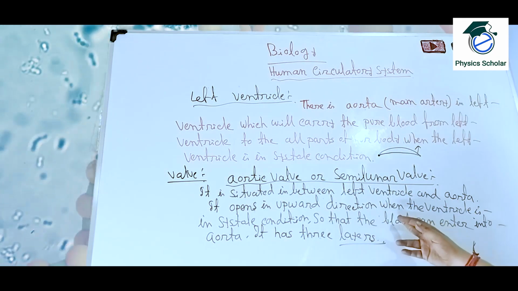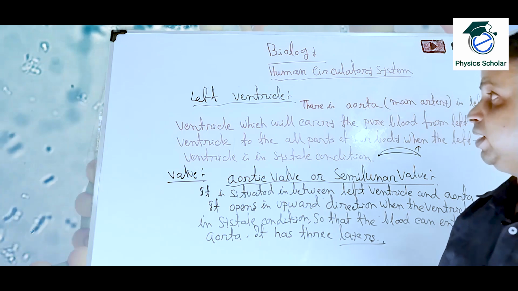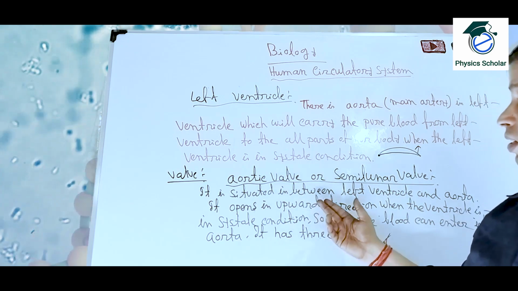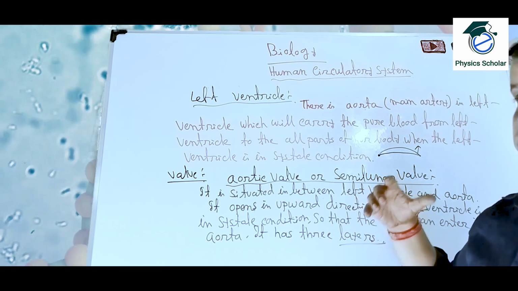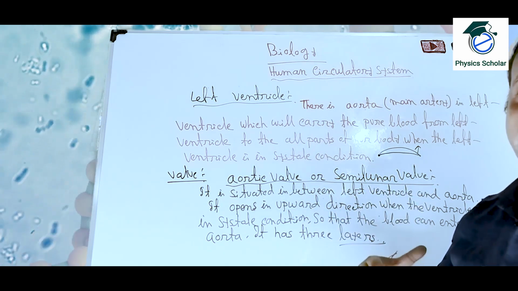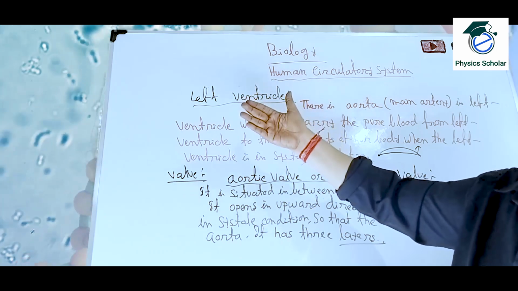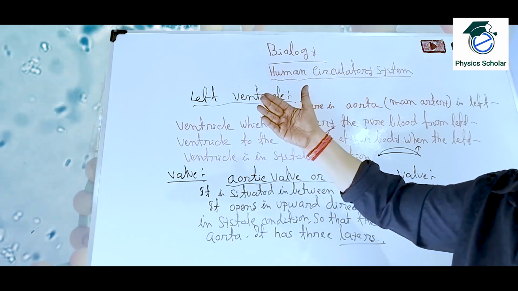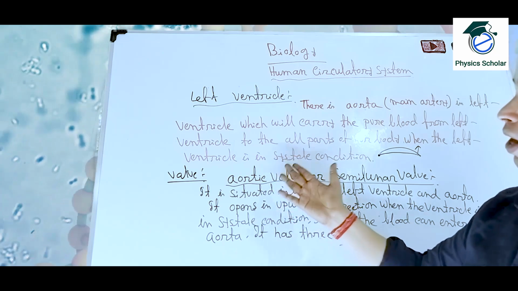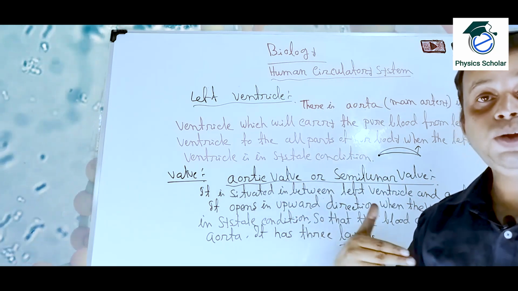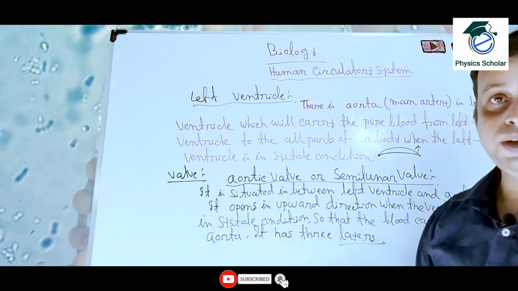It is situated between the left ventricle and the aorta or the main arteries, where the pure blood can enter the aorta so that it can reach each and every part of our body, but cannot fall down again in the reverse direction. That means this valve also helps to maintain the unidirectional flow of blood. So this is the function of the left ventricle.